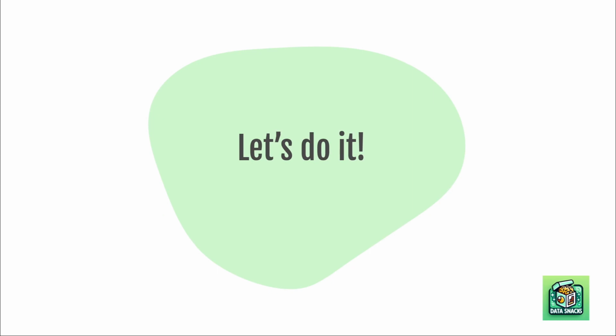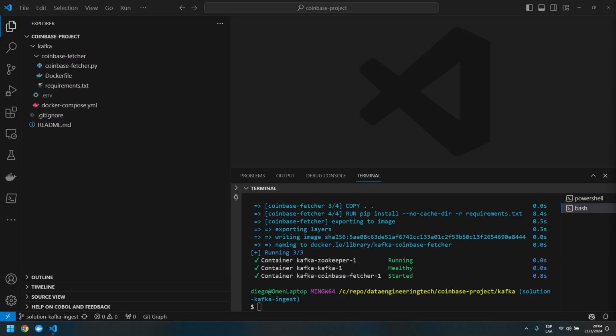Let's make our plan in the code. Remember, you need to start from the branch solution ingest. We need to move to the next stage. Well, here we are. We open the Coinbase project. We start working on the modification of that specific project.